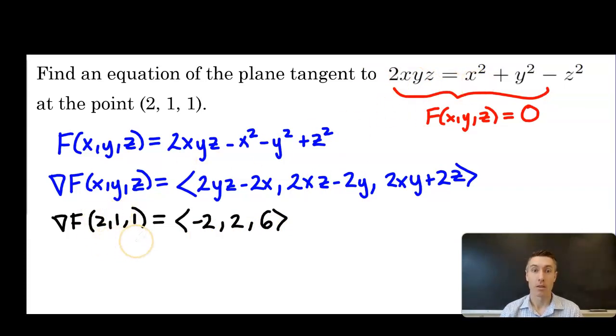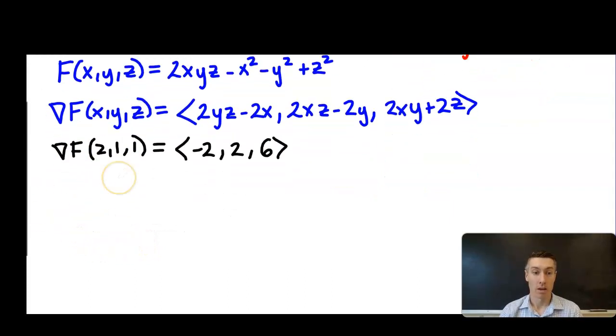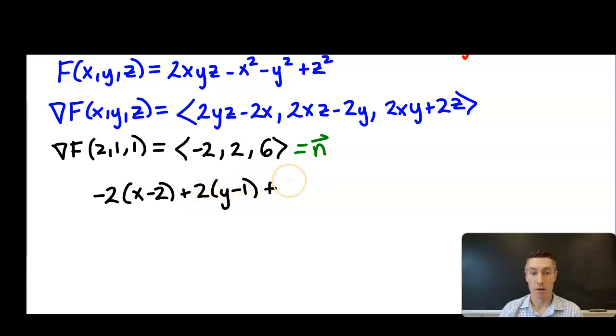Well, that's exactly the piece of information we need to write the equation of a plane at the point. We have our point, (2, 1, 1). We have our normal vector, right? So just to highlight, this is now what we're thinking of as the normal vector. So we have negative 2 times x minus 2 plus 2 times y minus 1 plus 6 times z minus 1 equals 0.